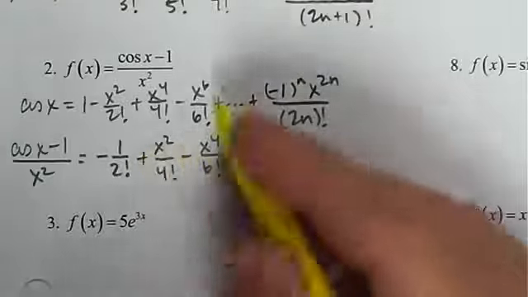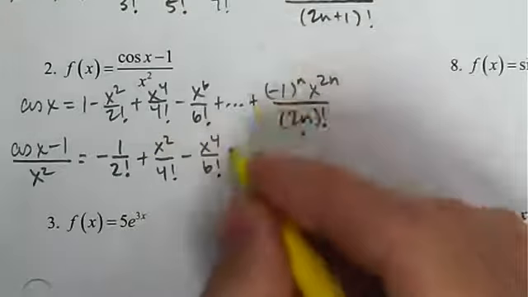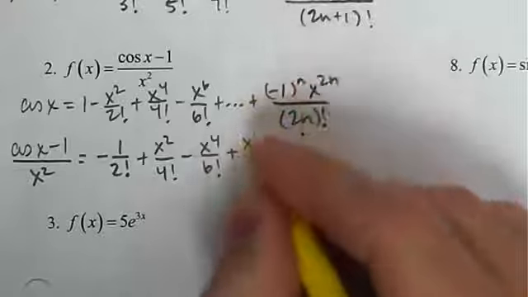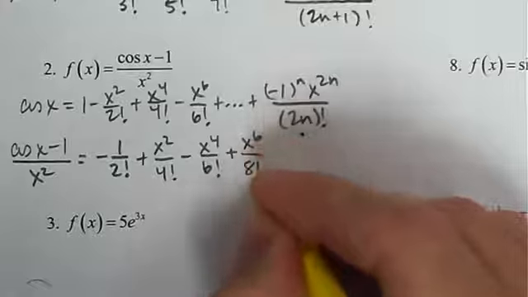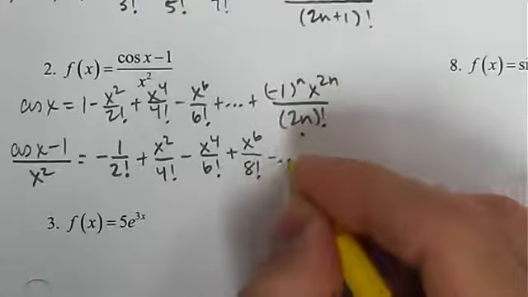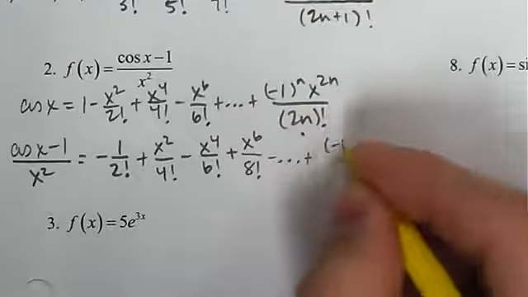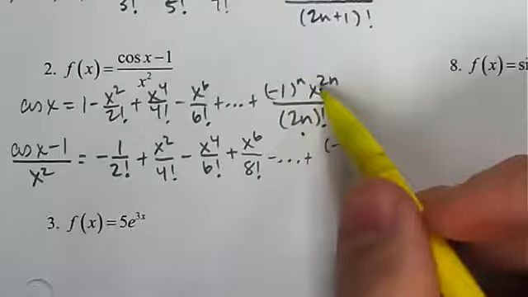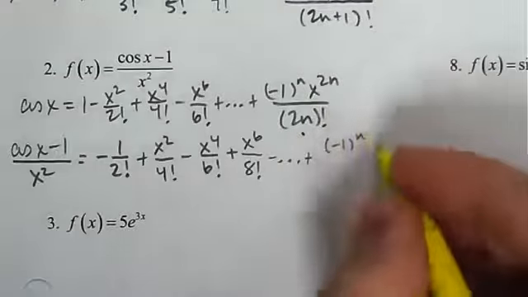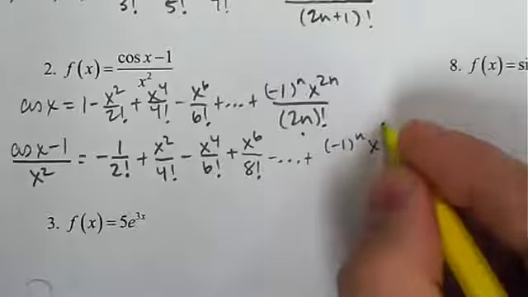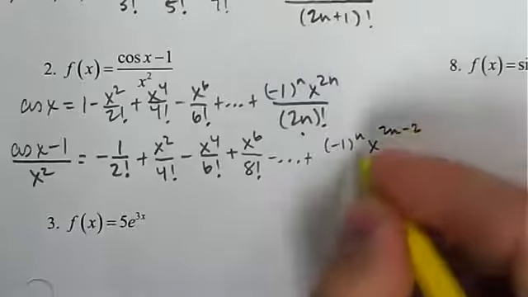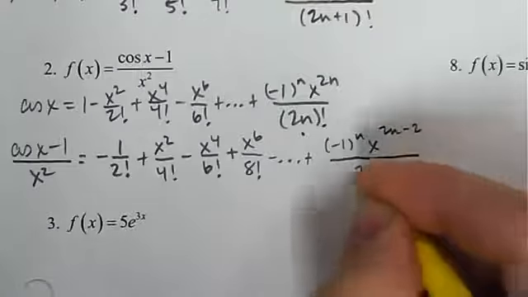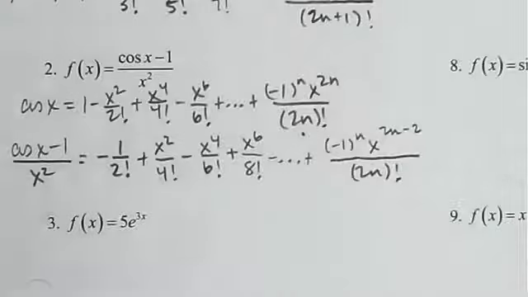Since they want 4 non-zero terms, I'm going to have to get another one, so it would be plus x to the 8 over 8 factorial, but now it's going to be x to the 6 over 8 factorial because of reduction by 2. And pretty much the only thing that's happened to the general term is that the power's gotten reduced by 2, so I'm just going to call that x to the 2n minus 2 and divide by 2n factorial, because factorial numbers haven't changed.